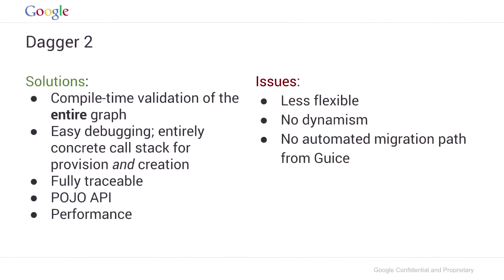And the biggest issue that we are finding is that because of these constraints, there is no automated migration path from Juice. You can't say, oh, swap out these set of imports for this other set of imports, and all of a sudden your application becomes a lot faster. And as I mentioned, we have a lot of Juice code.